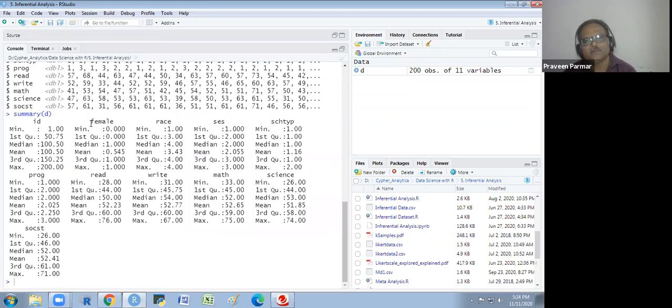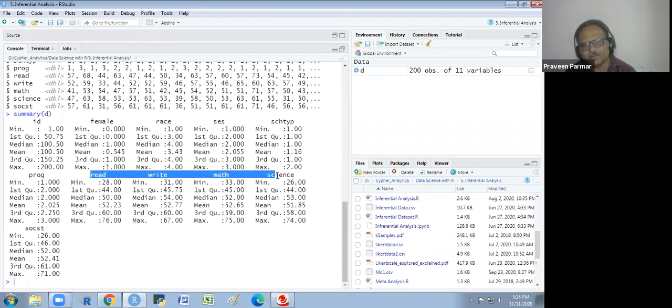Some may be binary. Race is also a 4-category variable. SES also has 3 categories, so this may be converted into a factor later on if required. School type is also a category. Program is also categorical.